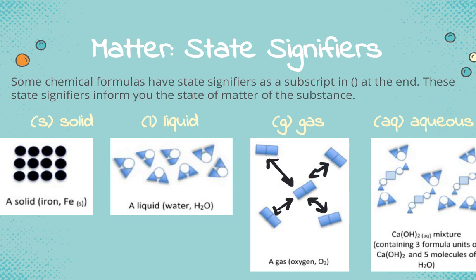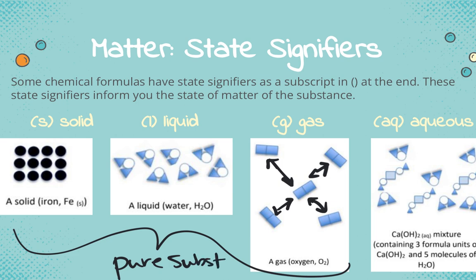And then we have a state signifier that you will see, that is aqueous. Aqueous is not a pure substance, so these first three, solids, liquids, and gases, are pure substances, whereas the aqueous state signifier is a mixture. It is a mixture of water and whatever other particle is in there.